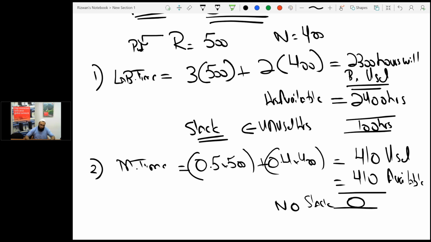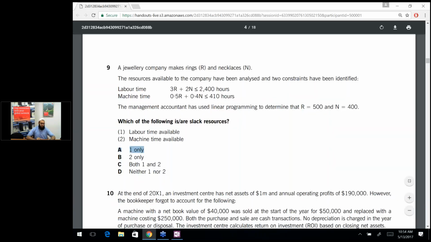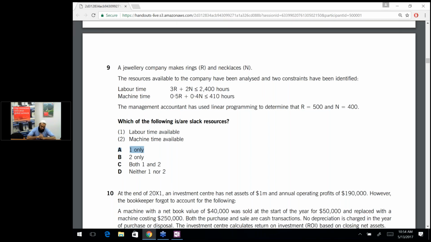So this is underutilization, and the answer is option A, because slack is at A. Got it, guys? Any issue? I hope not. Then comes MCQ number 10.